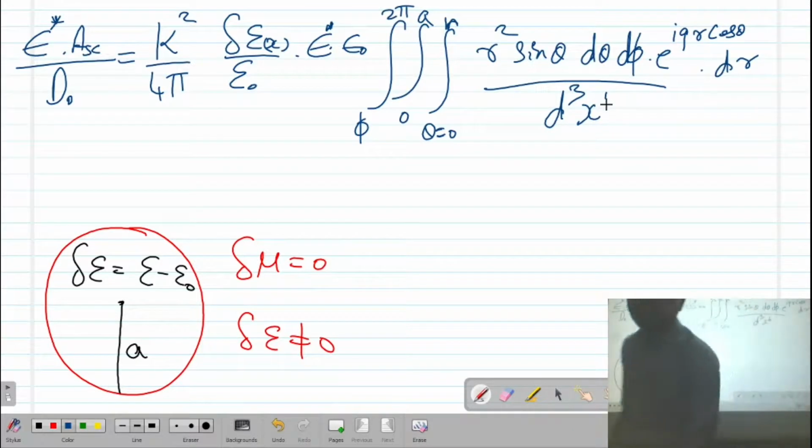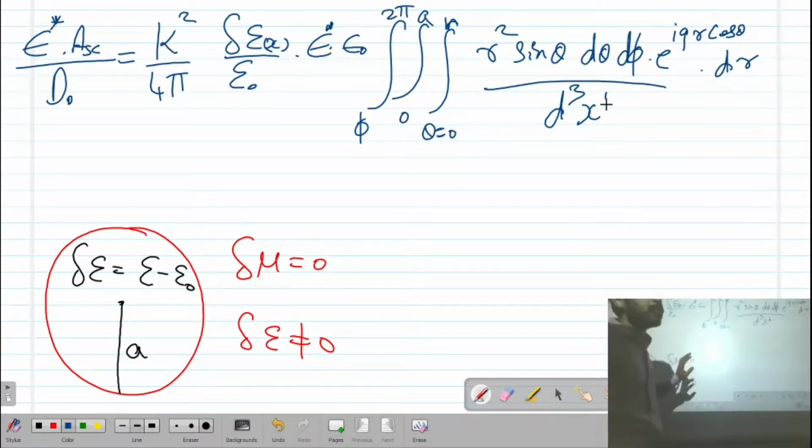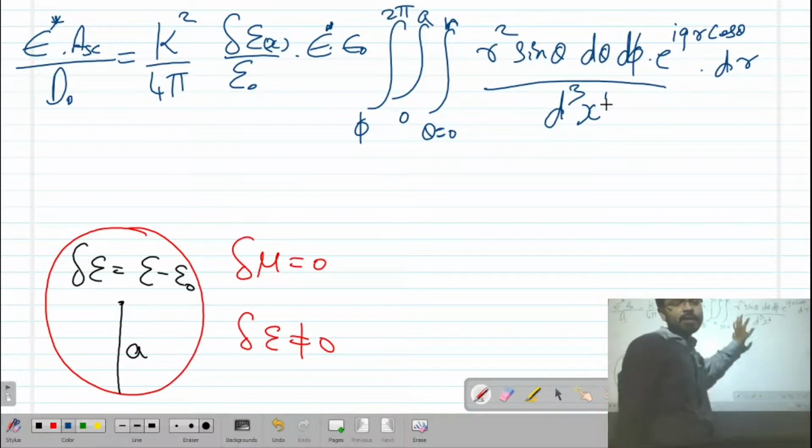These are some of the things which we have taken from the spherical coordinates.